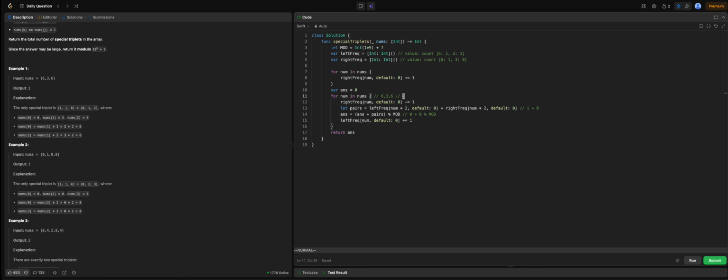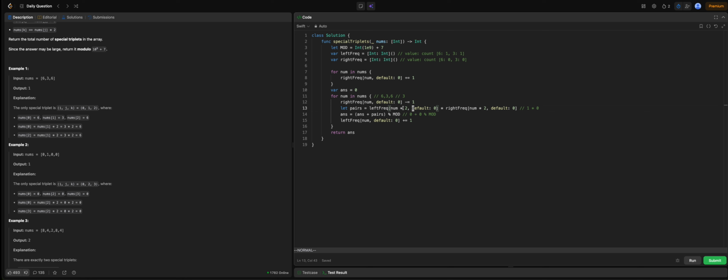And then next step, we are going to remove the 6 in the right frequent, so it becomes 0 in here. Yep. And then we are calculating the pairs, like left frequency of num, which is now 6. Wait, let me check. Yeah, left frequency of num, which is num multiplied by 2.